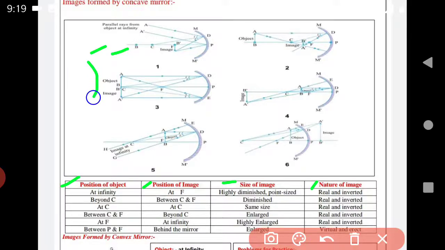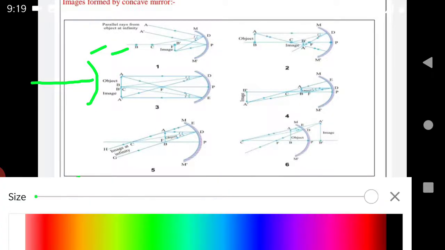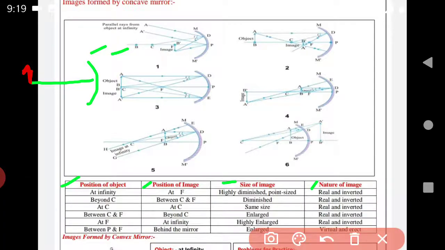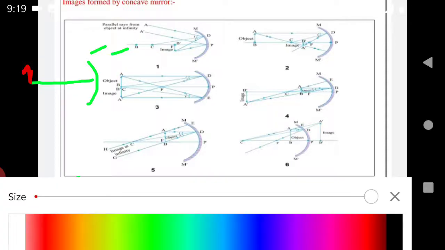If this is a concave mirror and this is the principal axis, suppose this is your object which is placed at infinity, and we don't know the position of the object. The object is placed at infinity, so we can draw a ray diagram in which the rays pass parallel to the principal axis, one from this side and one from this side.